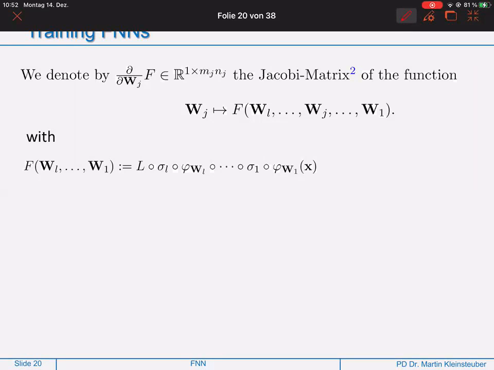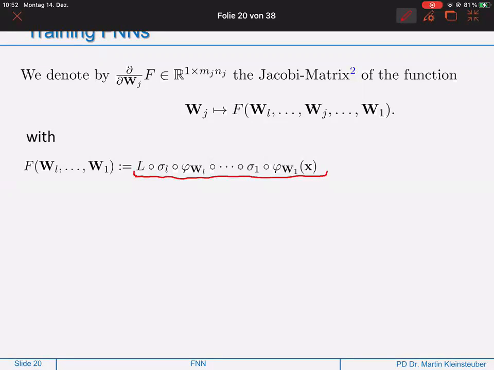Yeah, so we're almost there. If we now look at the function that we want to compute the gradient of, namely this one here, we see that the unknowns, the variables, are the weights WL to W1.